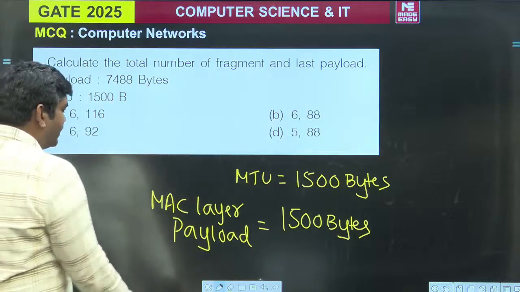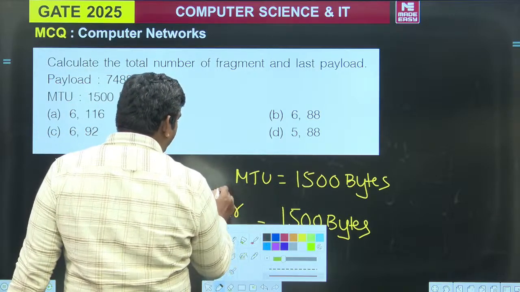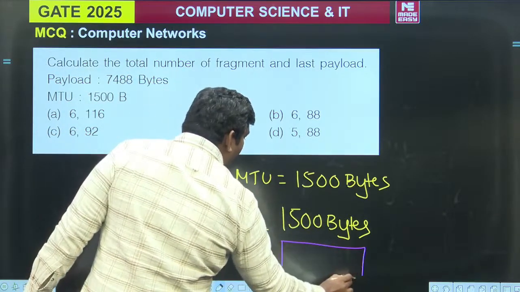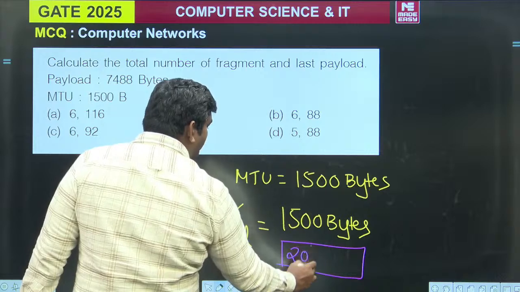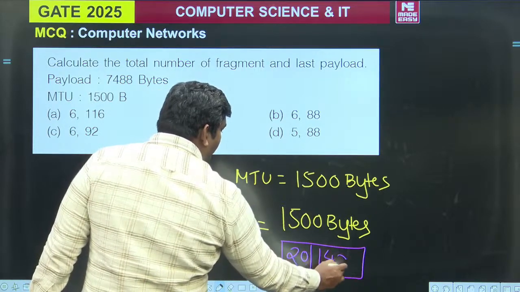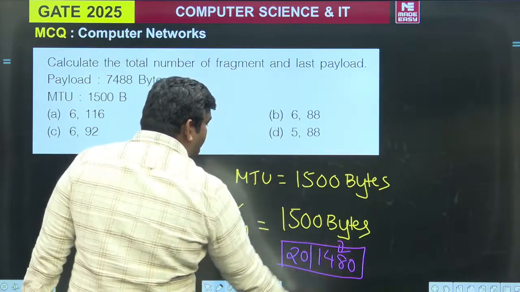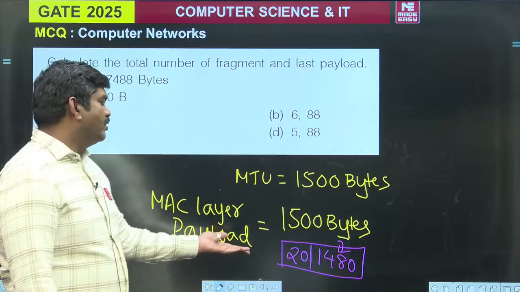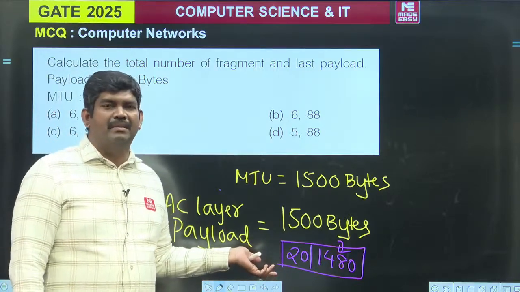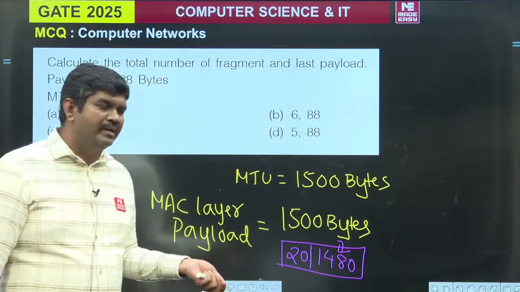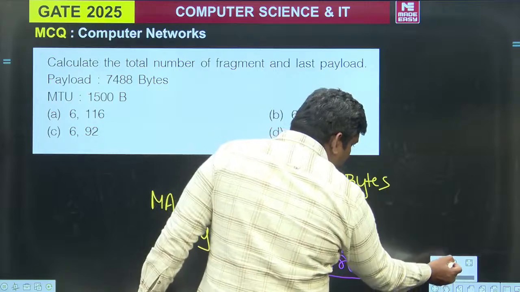So the basic idea is what? This 1500, I can write the IP header as 20 bytes and the remaining payload value as what? 1480, because when options and padding are not there the basic IP header will be 20 bytes. Okay.